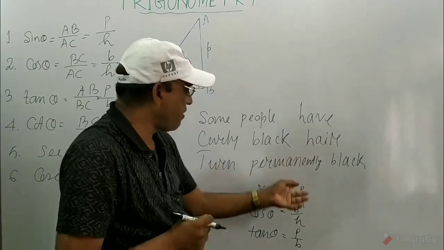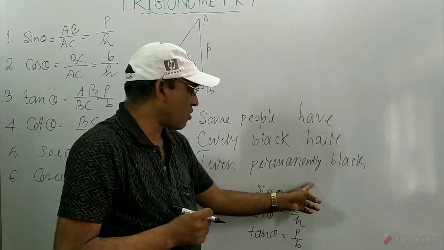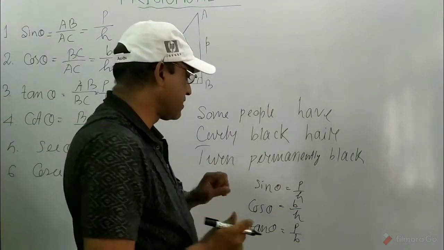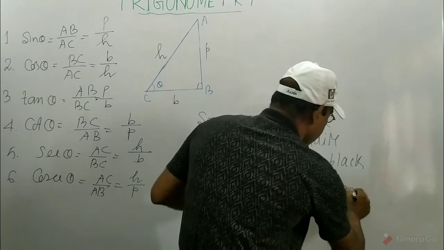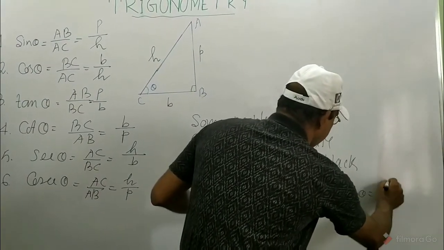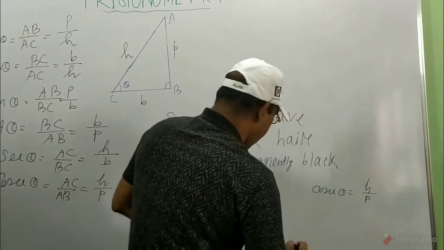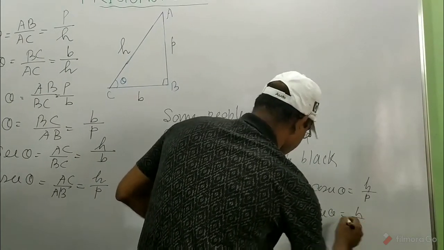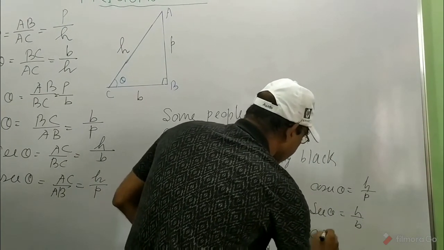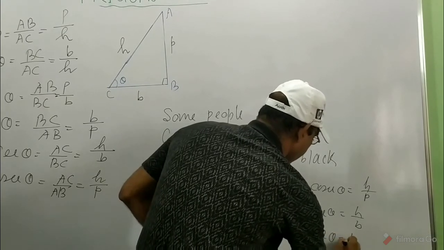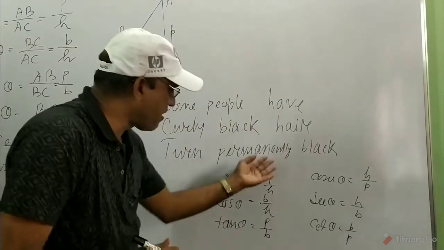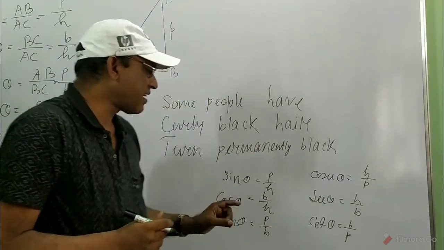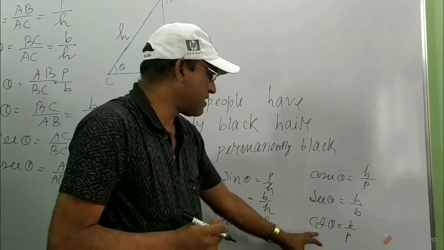And if we write the reverse, H by P is cosec, H by B is sec, and B by P is cot. Just taking the reciprocal, we get cosec, sec, and cot.